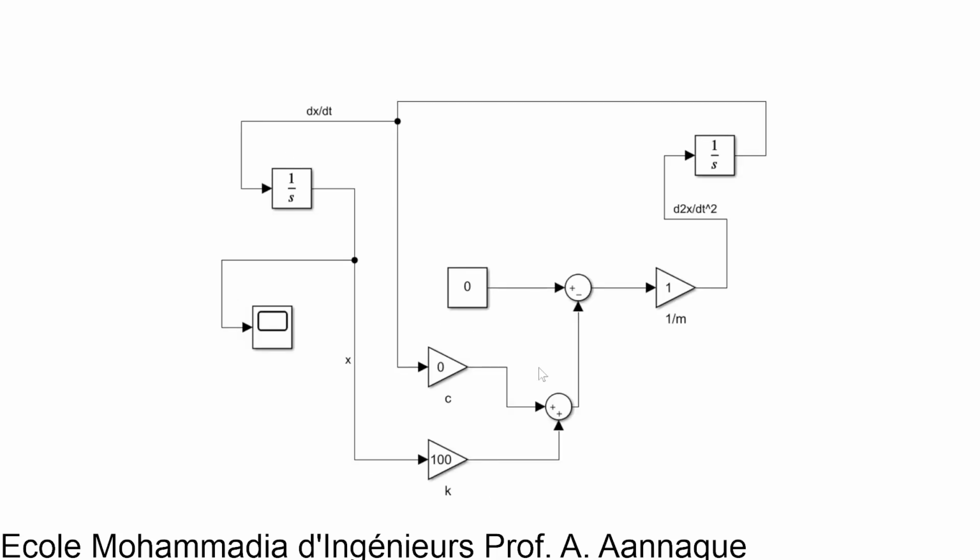We will start with a force equal to 0 or 1, and 2 blocks to calculate the sum. We will start by wiring all these blocks together, and we obtain this model. Actually, I will switch to Simulink to see the result.